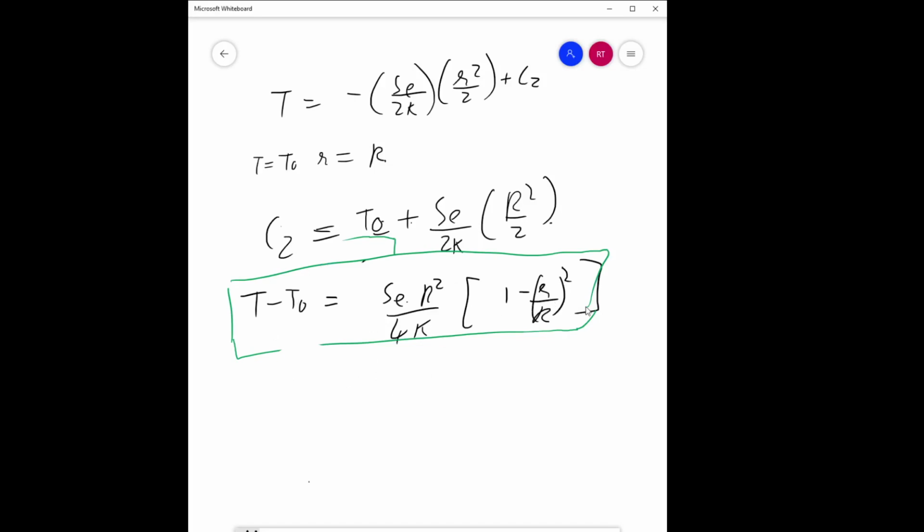So this whole differential should be equal to 0. On differentiating, for this to become 0, r must be equal to 0. So that means T max minus T0 should be equal to S C R square by 4K. So this is the maximum temperature.